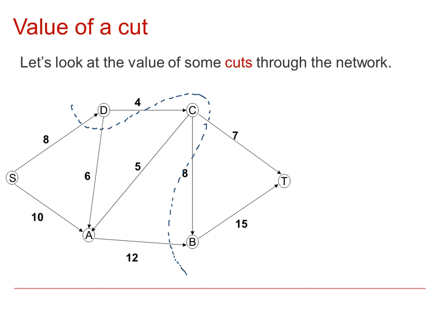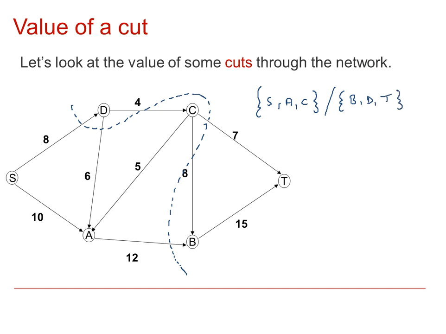You can see that including the source we've got S, A and C. Then the cut puts the others B, D and T in the second set. So B, D and T.